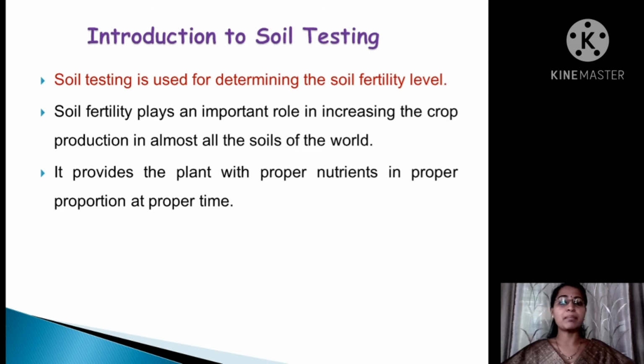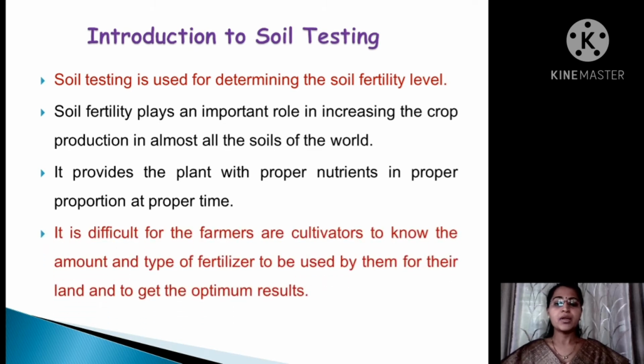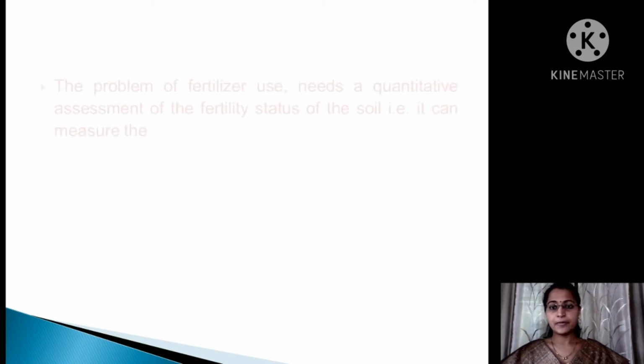It provides the plant with proper nutrients in proper proportion at the proper time. It is difficult for the farmers or cultivators to know the amount and type of fertilizer to be used for their land and to get the optimum results.